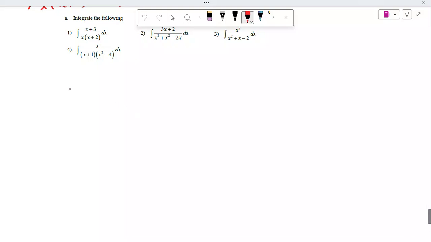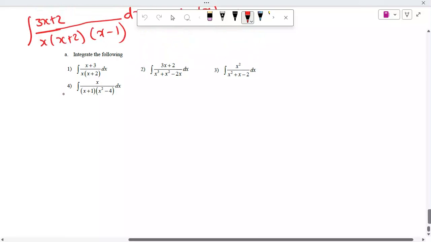Yeah, so continue watching. So to begin with, you can only solve these questions using, or we call this kind of integration technique, application of partial fractions.